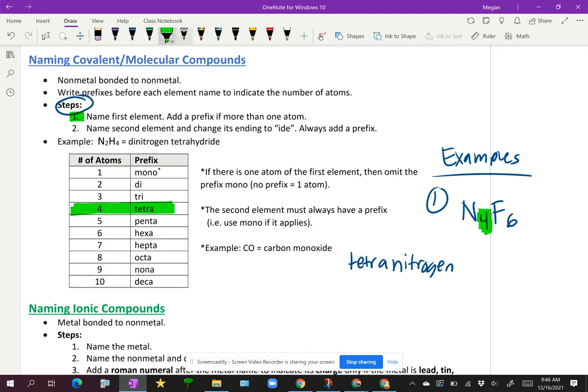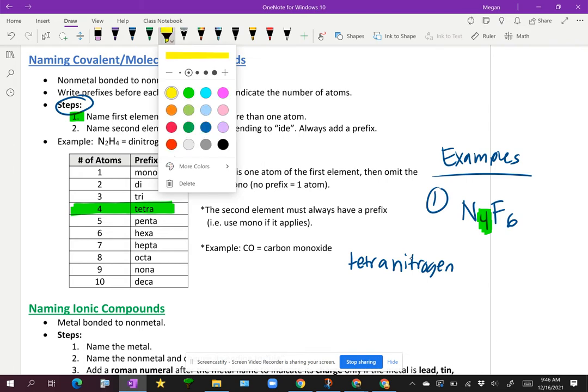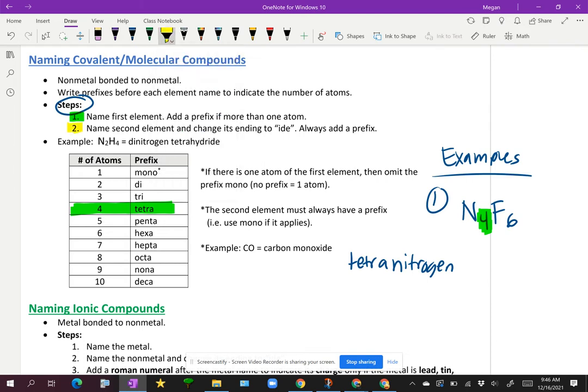Now let's look at step number 2. It says name the second element, but change its ending to IDE, and then we're going to always add a prefix. And so our second element is fluorine.